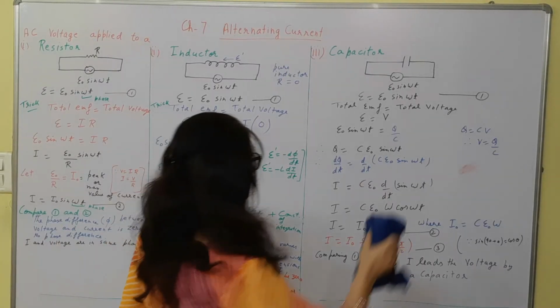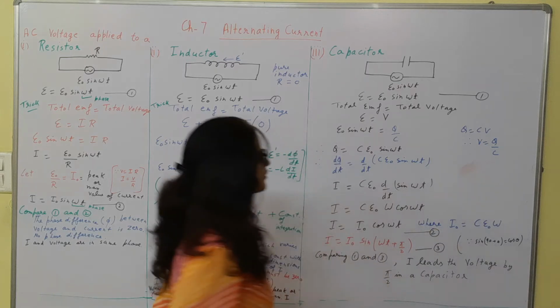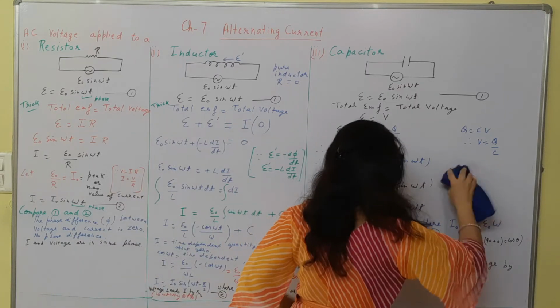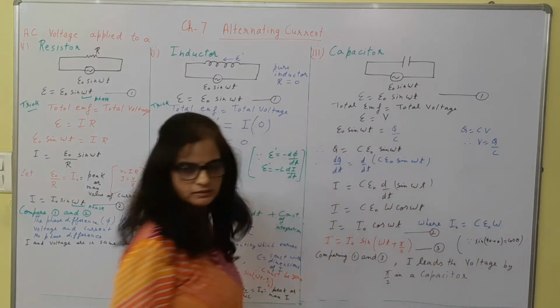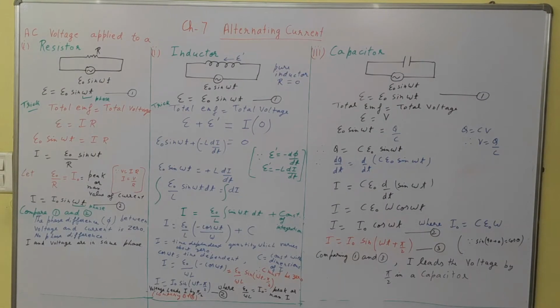Now on the next slide, I'll first write the other form of this statement, leads and lags, and then we will draw the phasors and the graph for all the three cases. So let's take another slide.